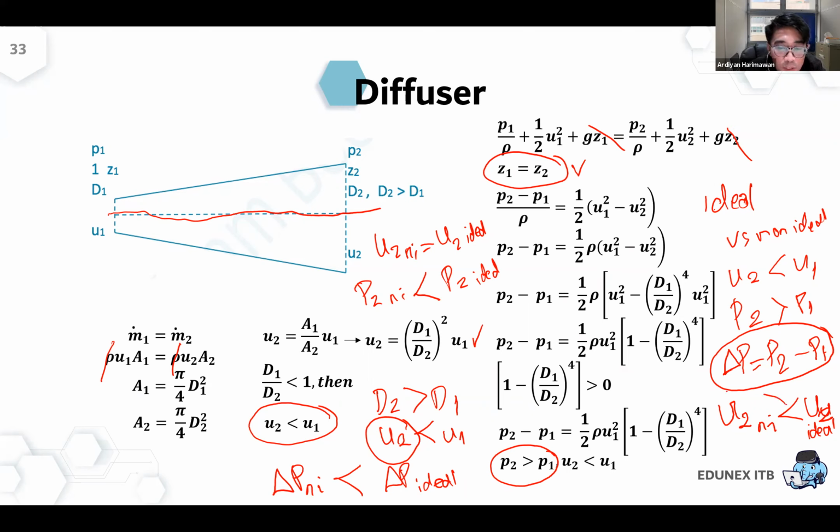In terms of velocity, it will be lower if you assume the pressure difference is constant. But if you assume velocity is not changed, then delta P, the pressure difference, will be lower. Okay, do you have any question?